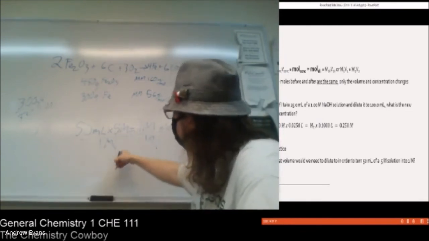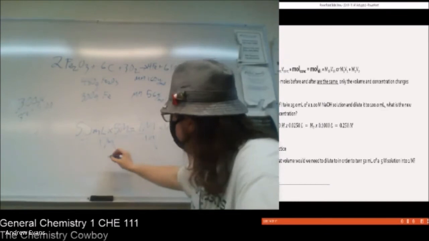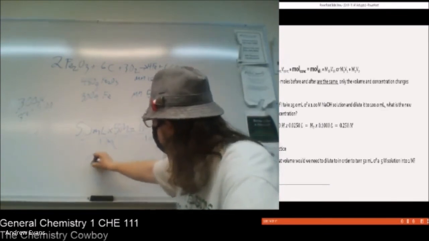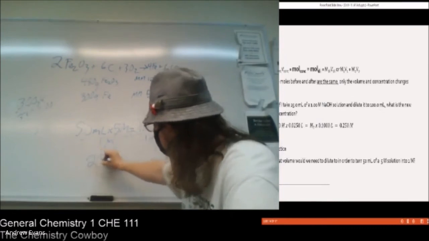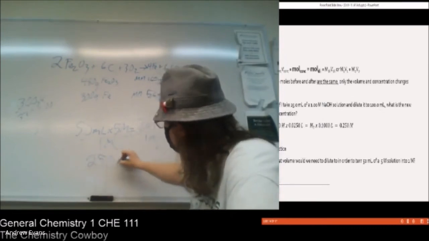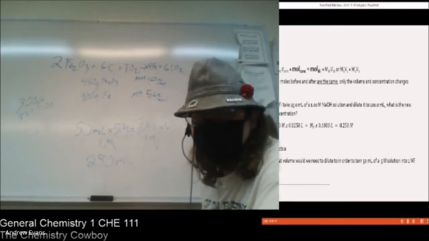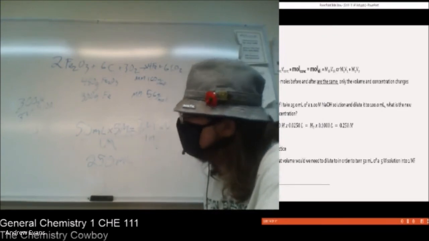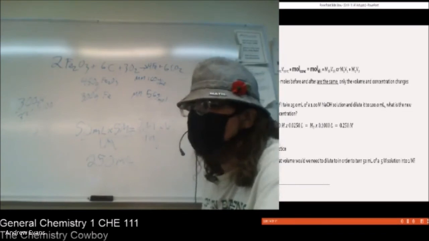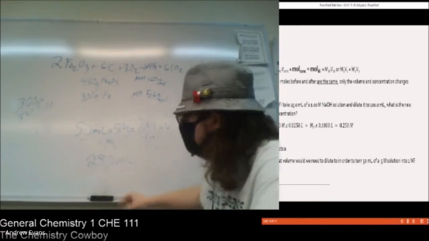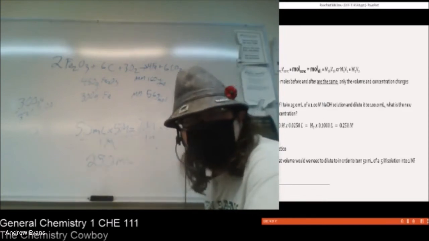So you have 5 times 50 mils. 5 times 5 is 25, so 5 times 50 is 250. Because I left the milliliters as milliliters, my answer will be in milliliters. Had I turned this into liters, my answer would be in liters.